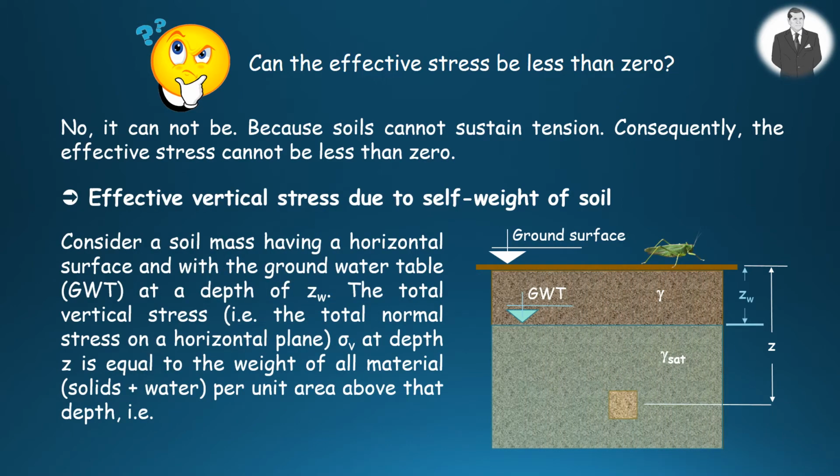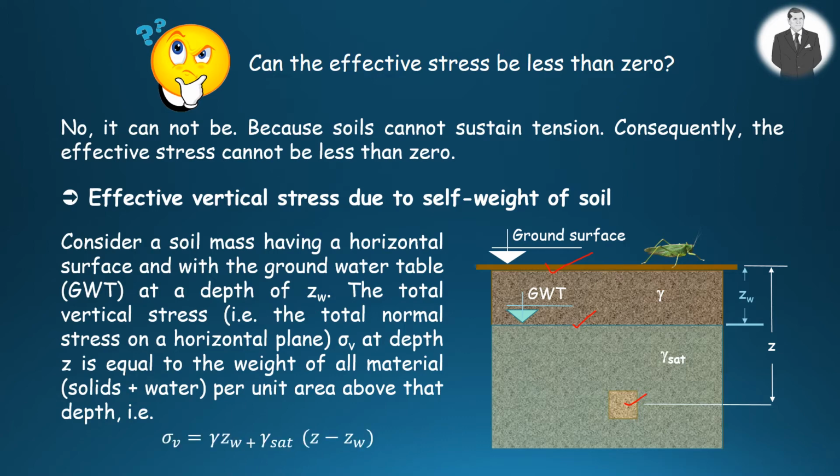The effective vertical stress, owing to the self-weight of soil, can be obtained by considering a soil mass with a horizontal surface, as shown in the figure, and with the groundwater table at a depth of Z sub W. Now, the total vertical stress in this case at depth Z, as shown in the figure here, is equal to the weight of all materials per unit area above the point under consideration.